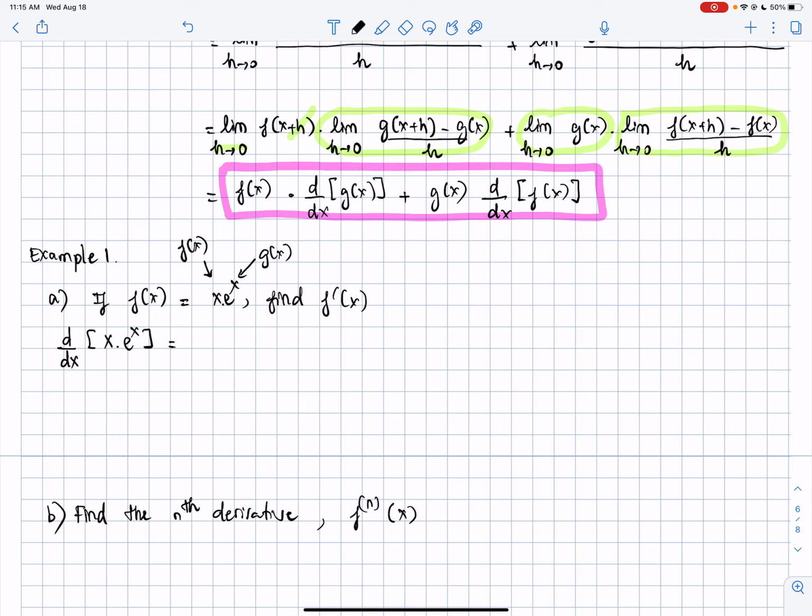So that would be f of x times the first derivative of e to the x, which is g of x, plus e to the x, which is g of x, times the first derivative of f of x, which is x.